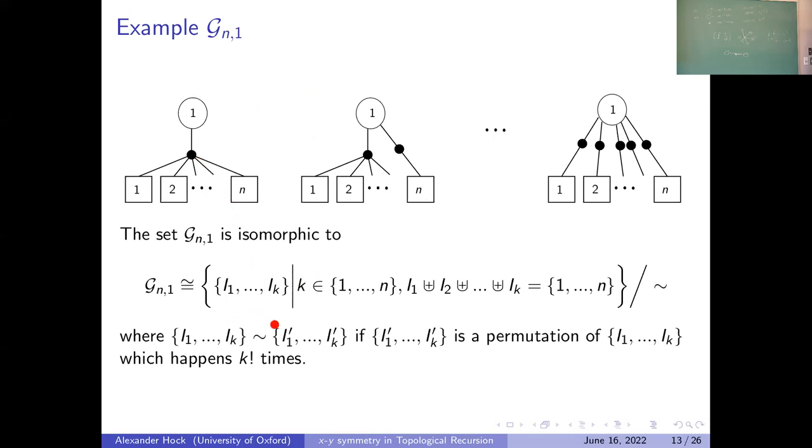And you look at all these sets where the union of I1 up to Ik is given by the set 1 to n, and you divide by some permutations because you don't want to overcount. So it means that's a partition, what I was calling a partition. Yes. This is for this specific case. And you don't care about the order of blocks? Yes, I don't care about the order of the blocks. Just like partitions, blocks aren't ordered.